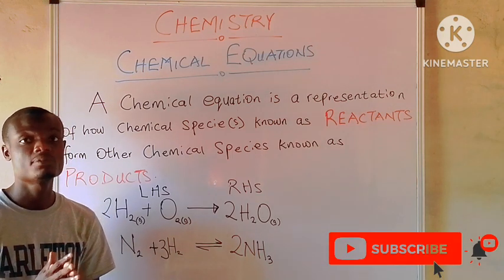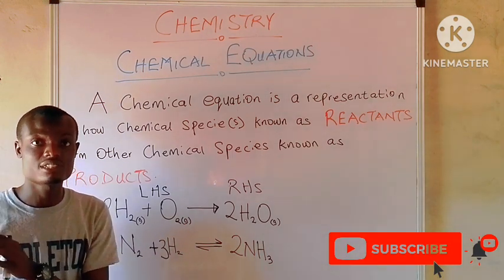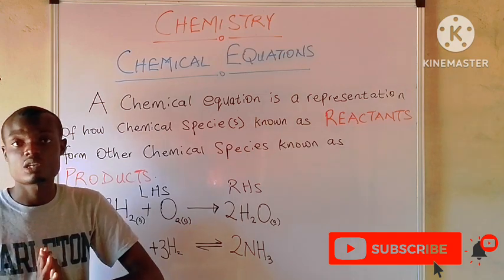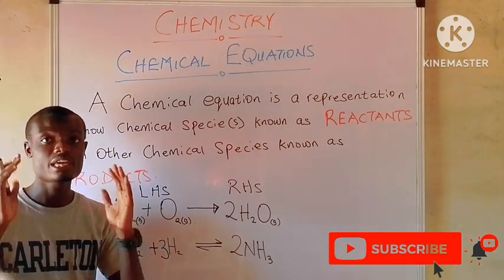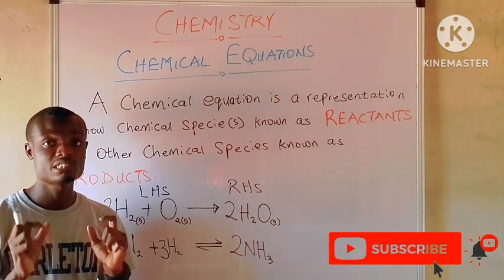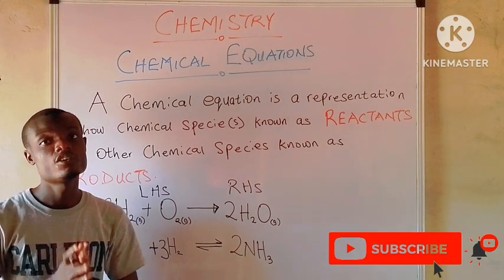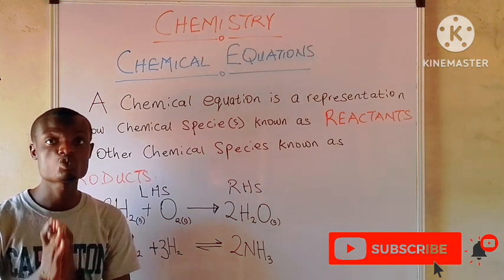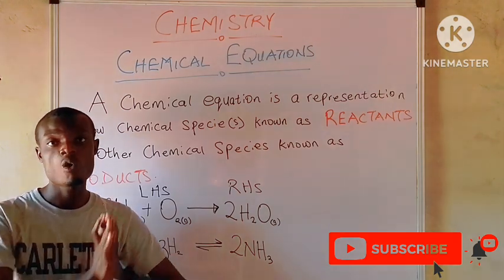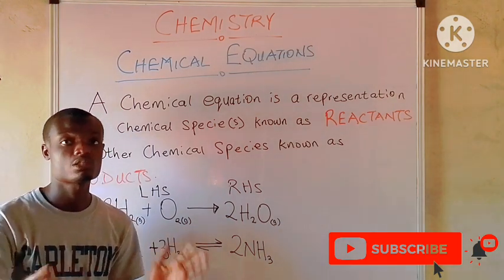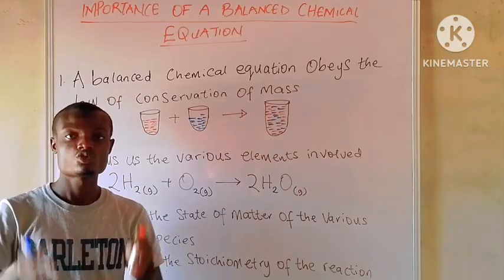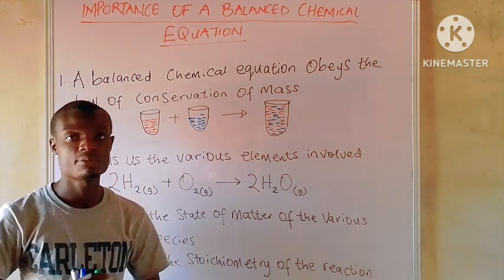But we just typically say that we have reactants on the left hand side and products on our right hand side. So in essence, a chemical equation is simply a representation of how various chemical species, which we call reactants, form other chemical species, which are known as the products.